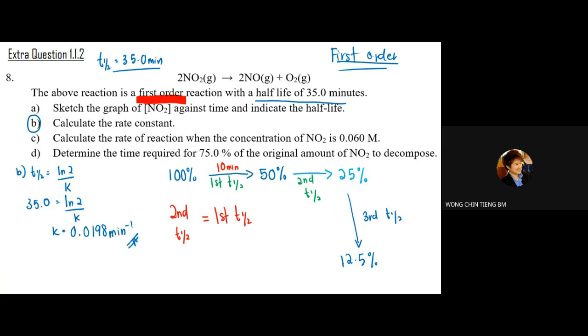Since in first order, concentration does not affect the half-life, the second half-life will equal the first half-life. So if I use 10 minutes for 100 to become 50, then from 50 to become 25 is another 10 minutes. Agree? So from 25 to 12.5, we will use another 10 minutes.